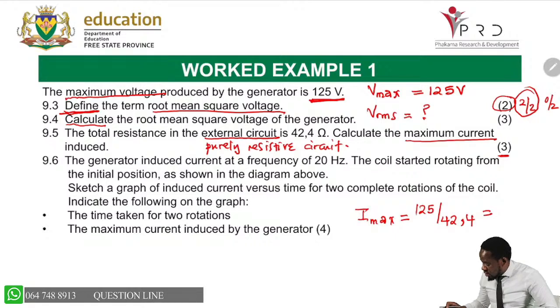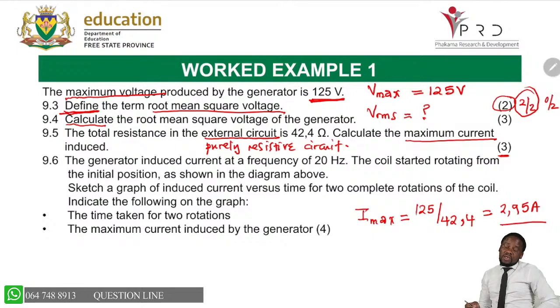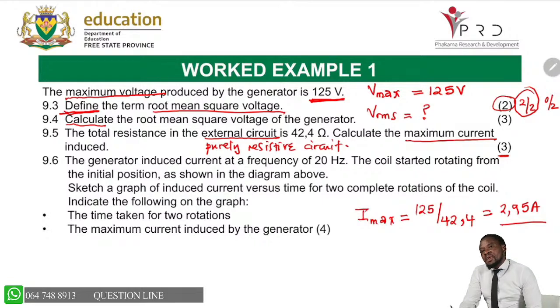So if we say 125 divided by 42.4, this gives us a value of 2.95 amperes. So this is not what is delivered to the circuit. What is delivered is actually the main current, which is the root mean square current. So that's 3 marks for formula, substitution, and answer.